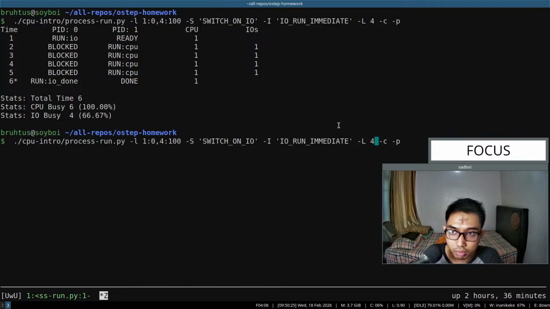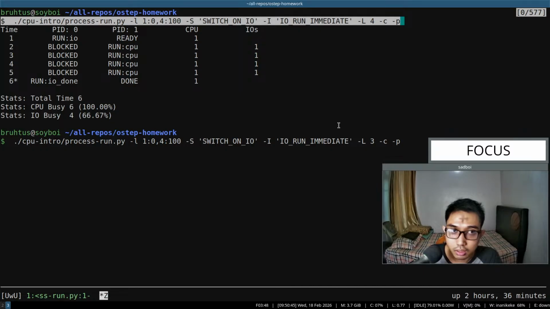So what happens when the input output time is lower than the CPU process time of 4, right?